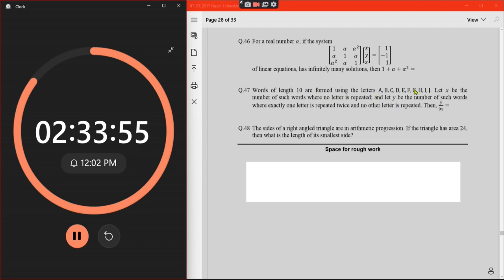And there was y also, so x is equal to 10 factorial. And y is the number of such words where exactly one letter is repeated twice and no other is repeated. Suppose whichever letter you repeat, you have to put that somewhere. So for that you have two choices, it's like 10c2, and the remaining 9 you just want to permute them, right? That looks correct.